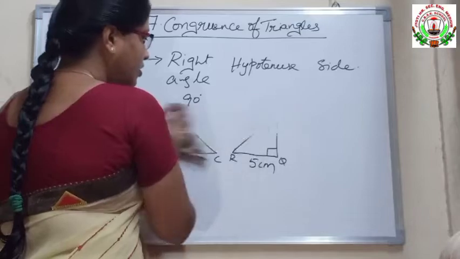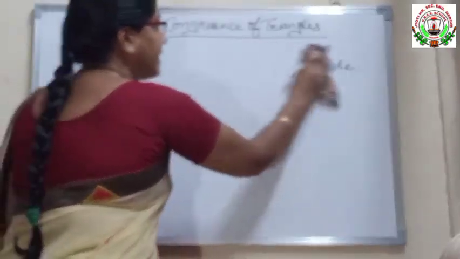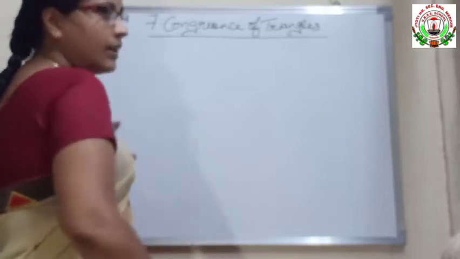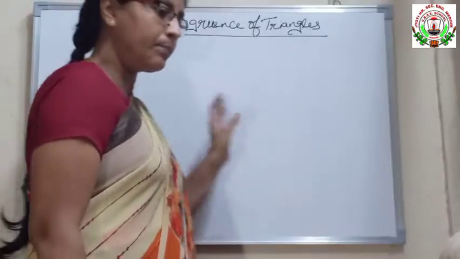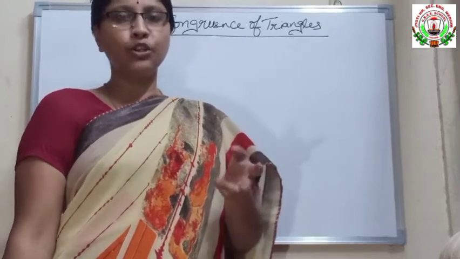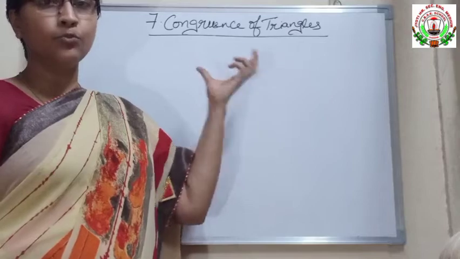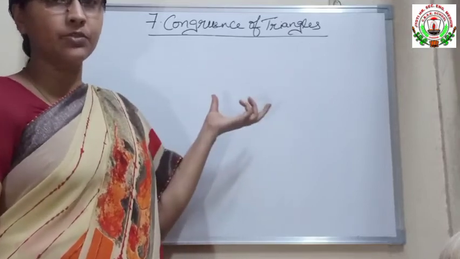So this is your introduction part. All your exercises are based on these criteria only. That is 7.1, 7.2. I think only 2 exercises are there. All these exercises move on these criteria only.